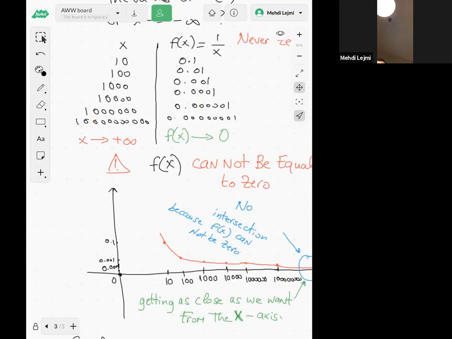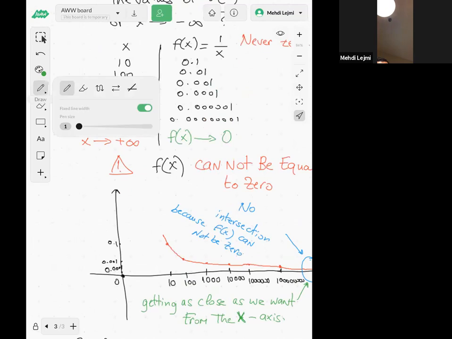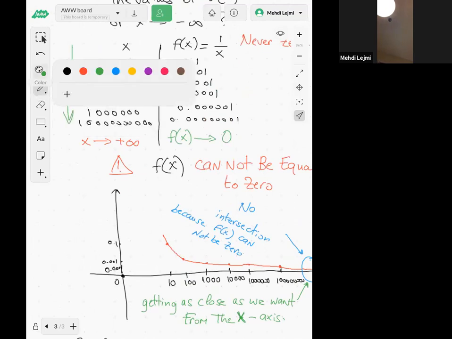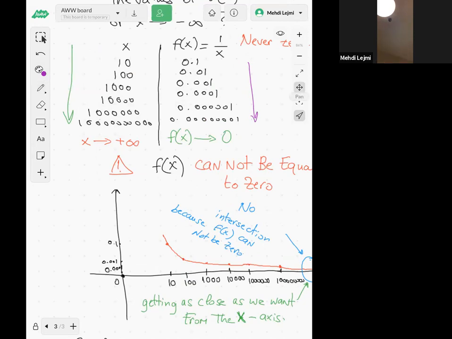As you can see, the values of x are getting larger and larger, so they are approaching positive infinity. On the other side, the corresponding values of the function f are getting smaller and smaller, getting as close as we want to 0. But it cannot be equal to 0, right? As close as we want to 0, but never 0.